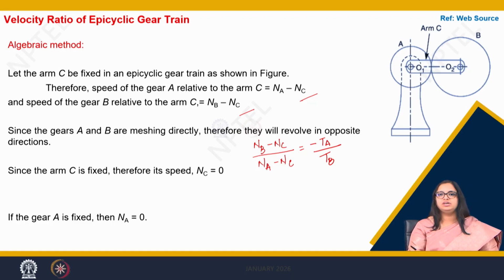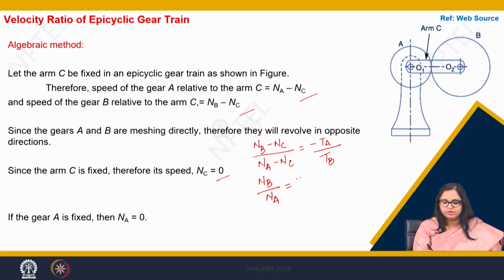Here we have the directional component. In this equation, when my arm is fixed, the speed NC is 0, so my equation boils down to NB by NA equal to minus TA by TB.